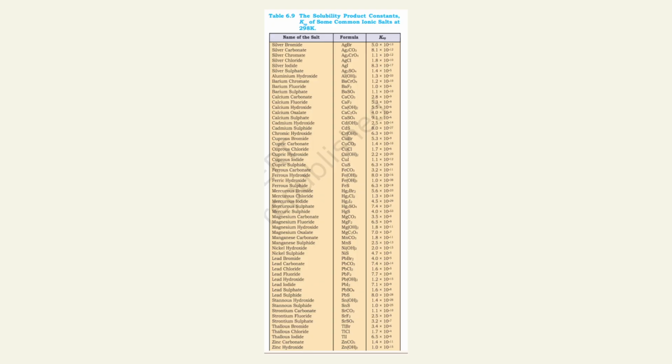So the higher the value of the KSP, the higher the solubility. For example, sodium chloride, which we know is extremely soluble in water, not a sparingly soluble salt, has a very high value of KSP compared to any of these. I think it's like 36 based on what I was able to find.